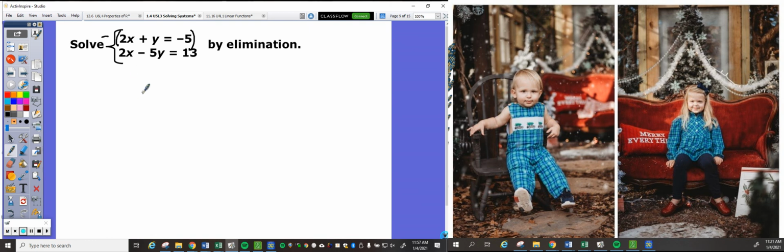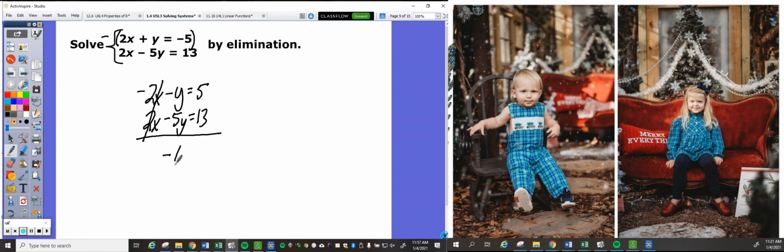So now I'm going to have negative 2x minus y equals positive 5, and positive 2x minus 5y equals -13. Now I have modified the first equation in order to get the same coefficients with different signs. So I can eliminate my x's.